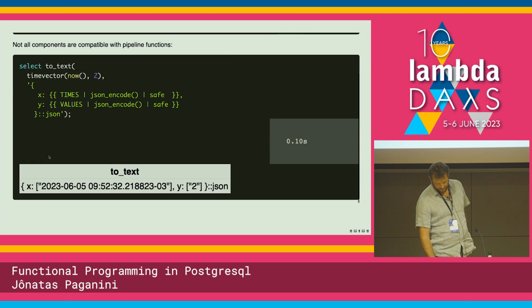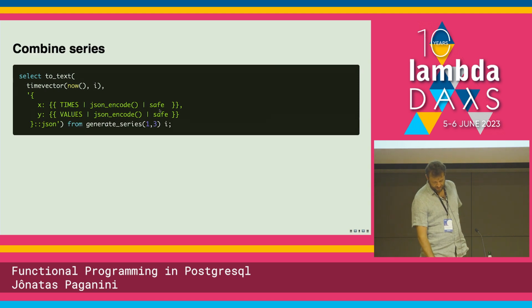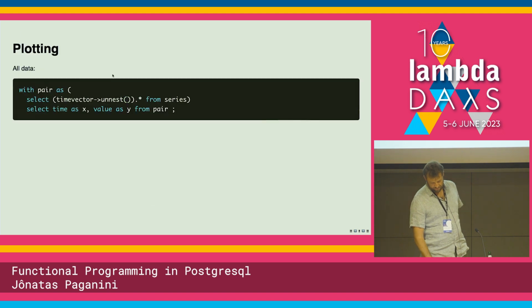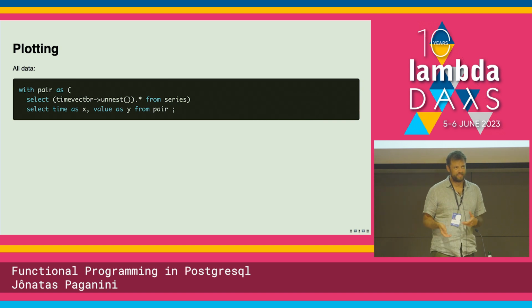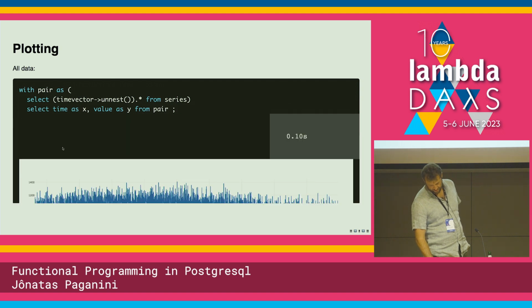So for example, here I'm generating encoding and also making it safe for front end. And you can combine it. So I have a small detector here in my front end that if I call some column X and another Y, I can plot it.